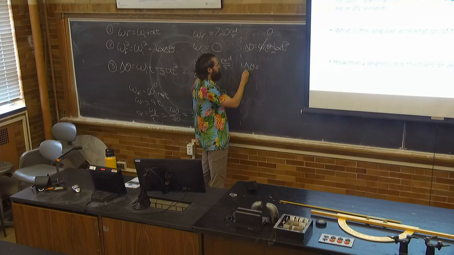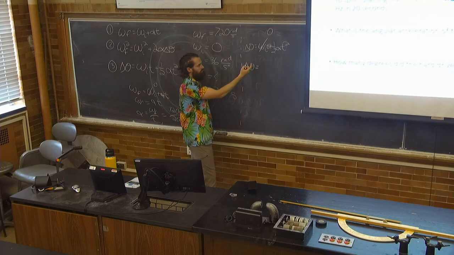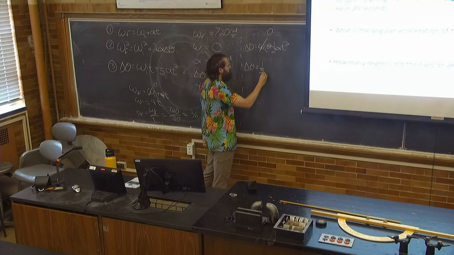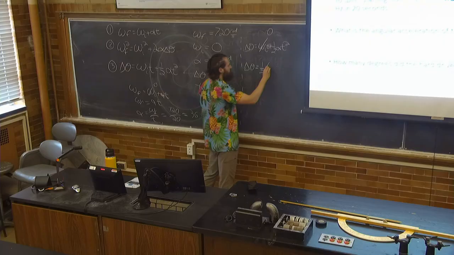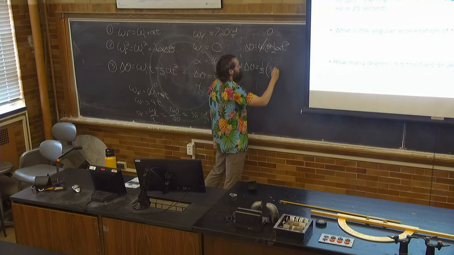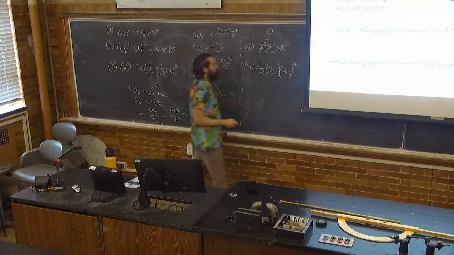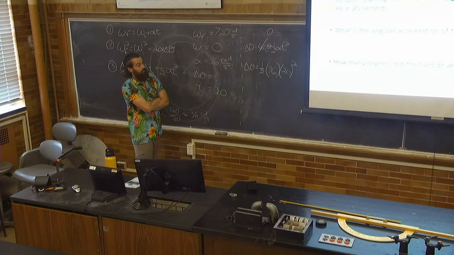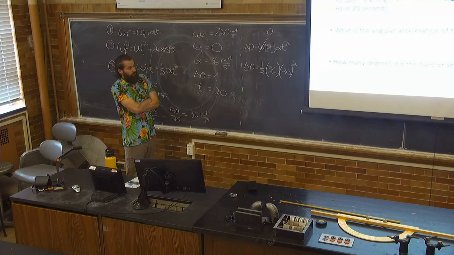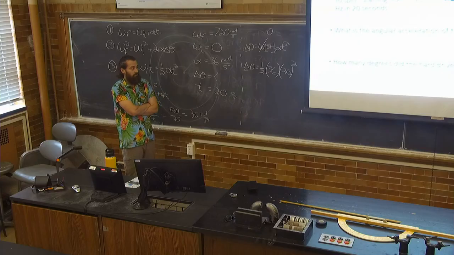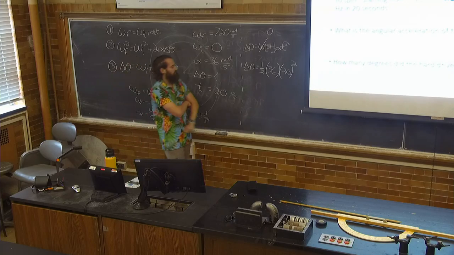Now we can just plug in our numbers since delta theta is by itself, and that's what we want. So we have 1/2 times 36 times 20 squared. So 20 squared is 400. Divide that by 2 would be 200, times 36 would be like 7,200.